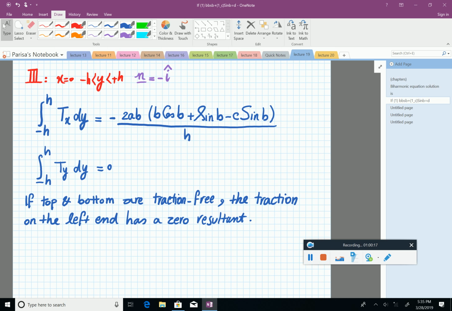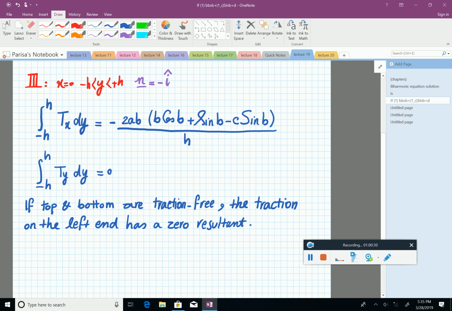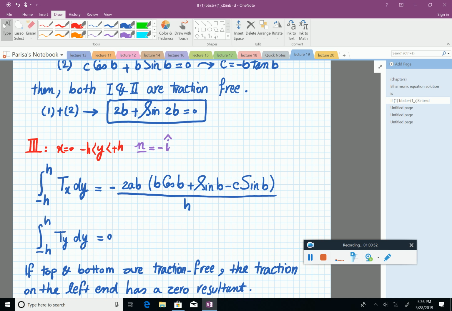Gerald? If that 2b plus sine 2b is equal to 0, it's going to make this resultant also equal to 0. Gerald? So, why can we say that? Because we calculated the tractions. The problem is I didn't write the tractions here.